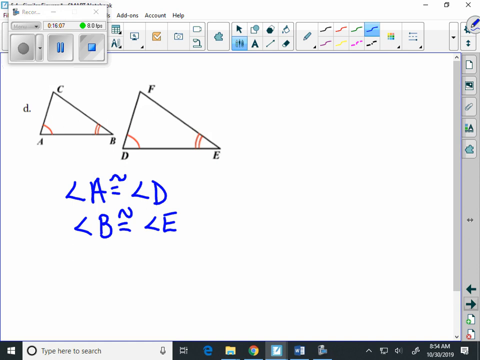And the angle-angle similarity says if 2 angles of one triangle are congruent to 2 angles of another triangle, then the triangles are similar. Again, that's from the angle-angle similarity.